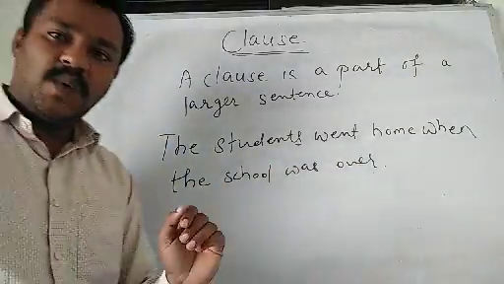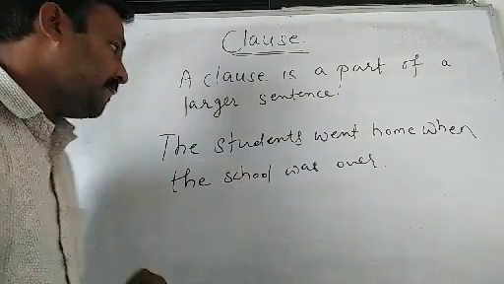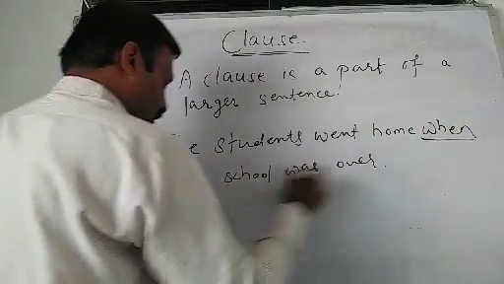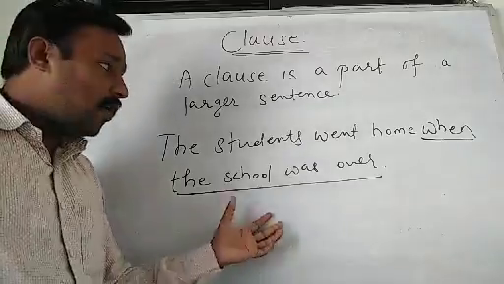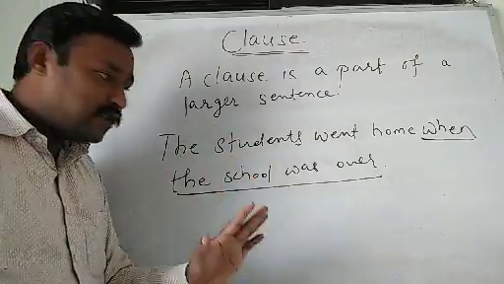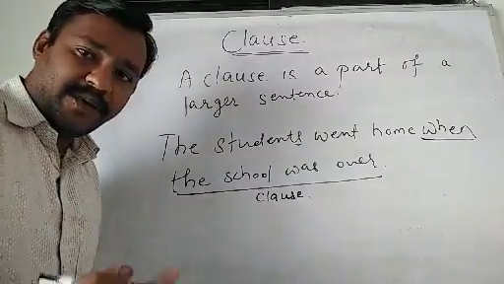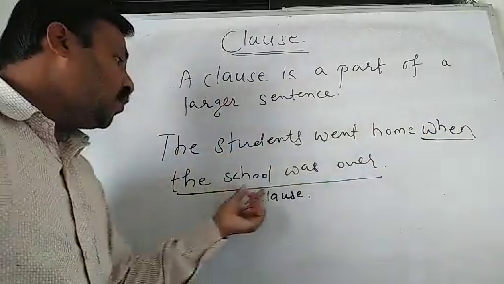The students went home when the school was over. In this sentence, when the school was over, this part of the sentence is called a clause. Are you getting what I am telling? The students went home when the school was over.